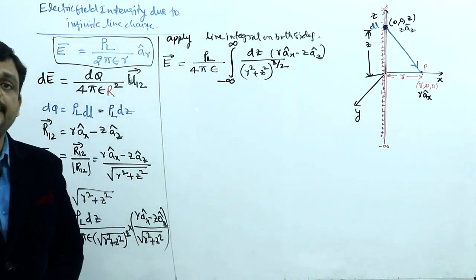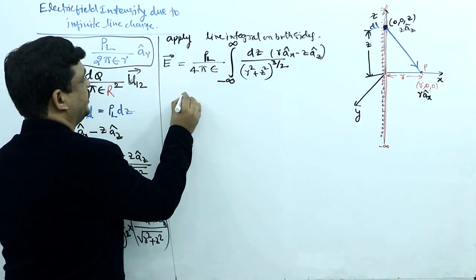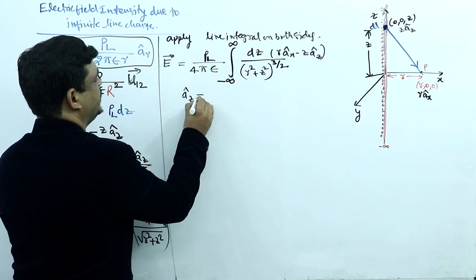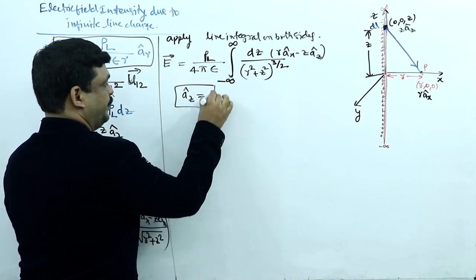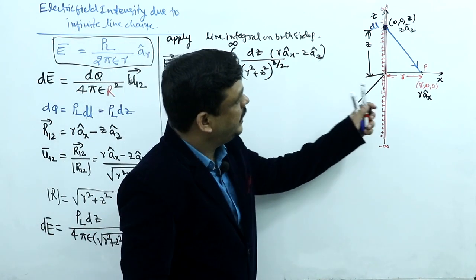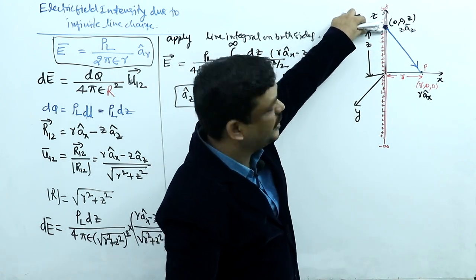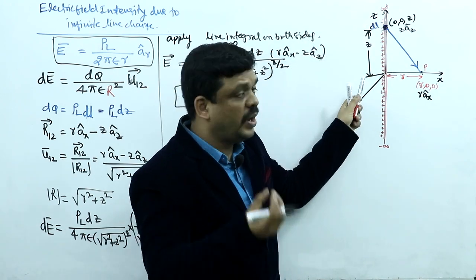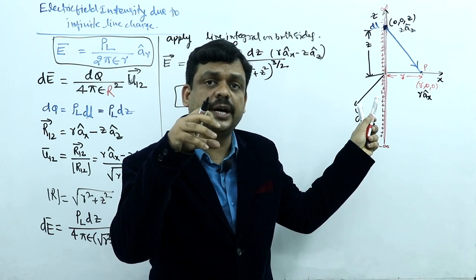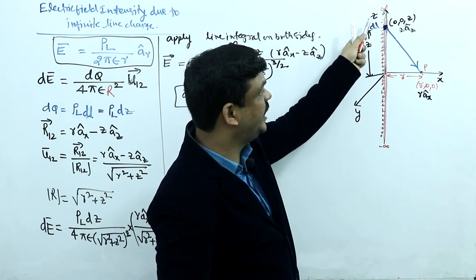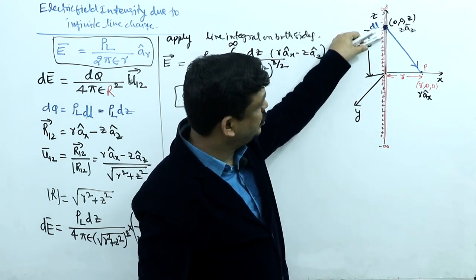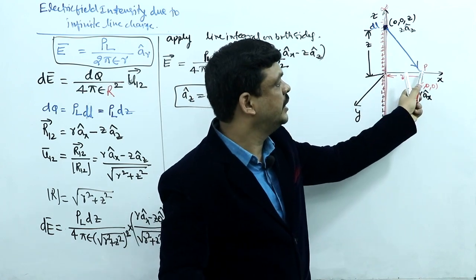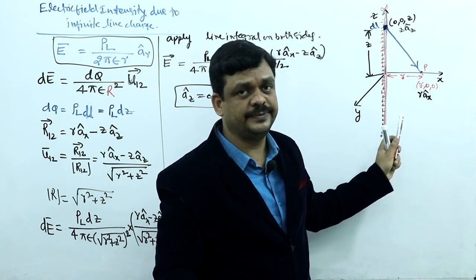Now from this I am assuming the az part is 0, not considered, because I wrote this vector from this point only, but what we have to find is the electric field intensity due to the infinite line charge. So due to the complete charge we have to find the electric field intensity at this point.